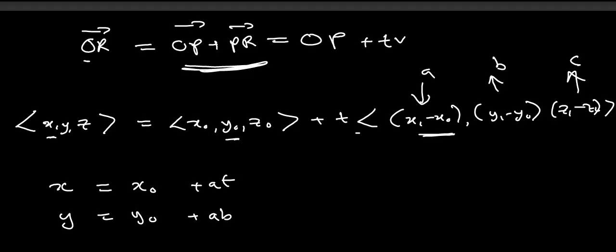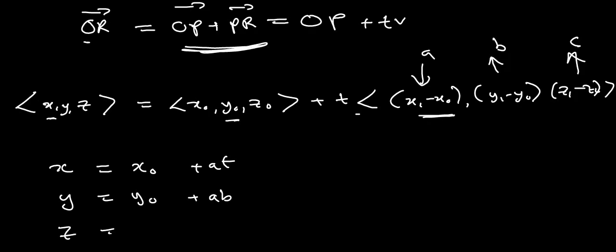Then again the last one, which is the z, is equal to the z naught plus CT. This is not TA, sorry, this is supposed to be AT, because T is multiplying the A, then this is going to be BT, and that's going to be CT. So these three equations are going to be the parametric equations of the line L that we had.